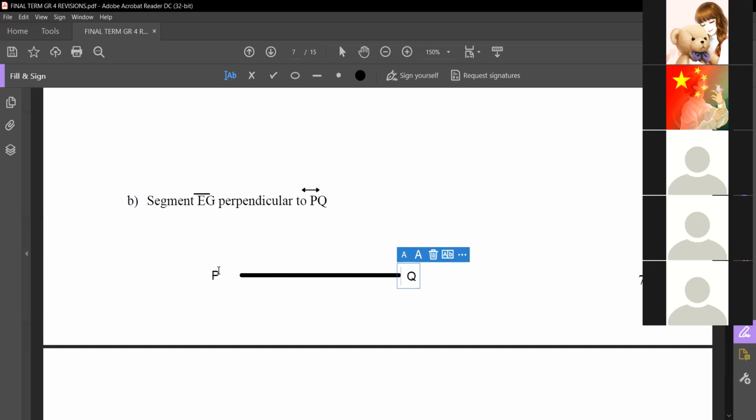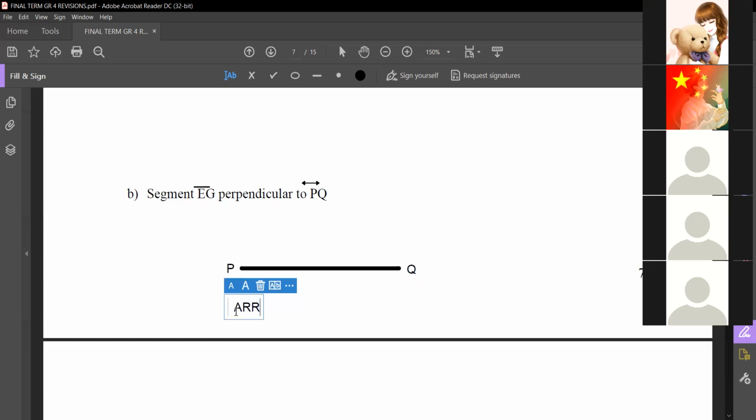One arrow? Who said one arrow? They have 2 arrows, right? So make sure you put an arrow here. But here the teacher cannot draw the arrow for you. Make sure you put an arrow here. Can?